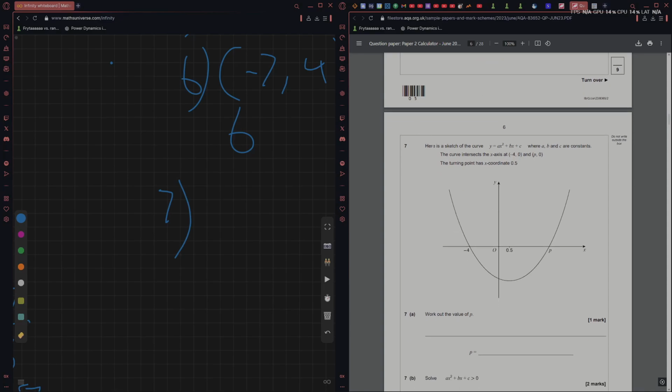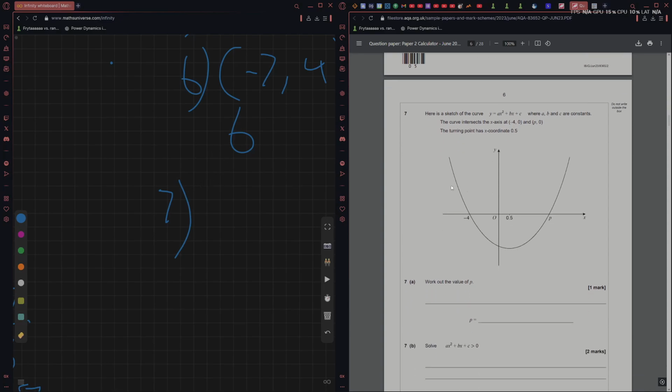Alright. We've got a quadratic question here. We know the midpoint, or the turning point, is 0.5, and this is one of the roots. It's asking us to find the other root. We know the distance between the first root and the middle is 4.5, so the distance between the middle and the second root will also be 4.5.